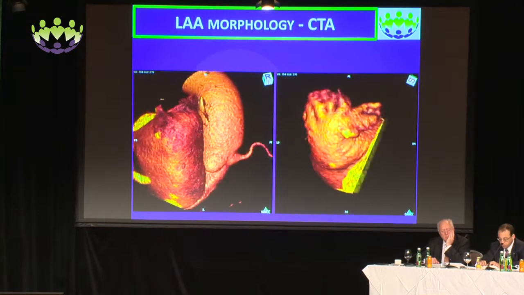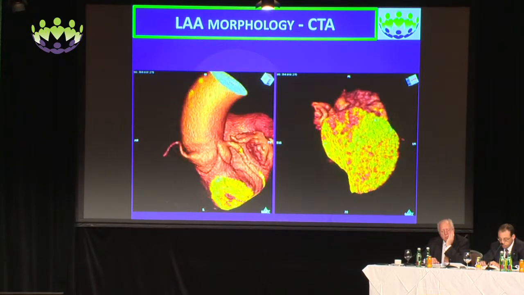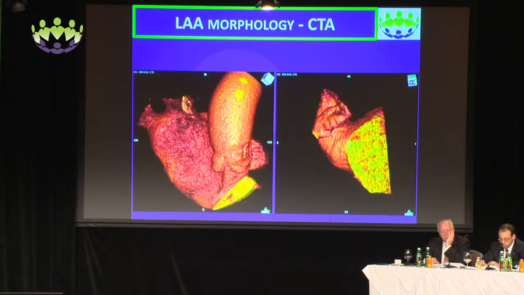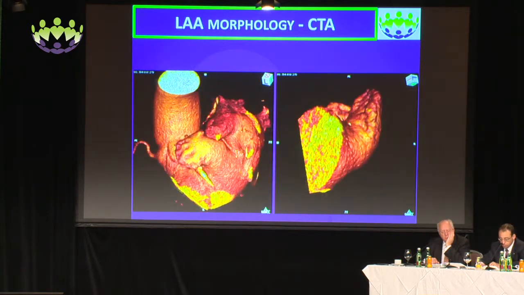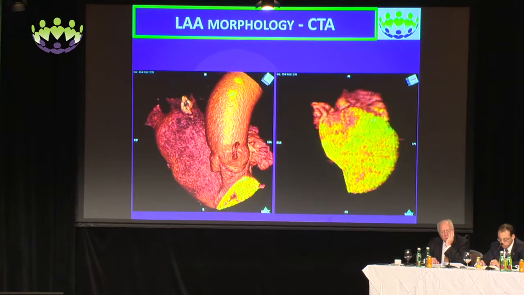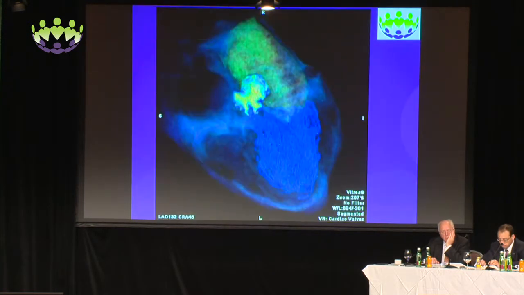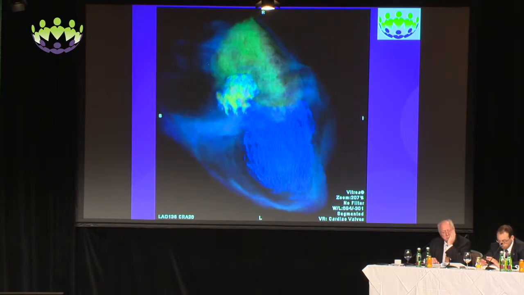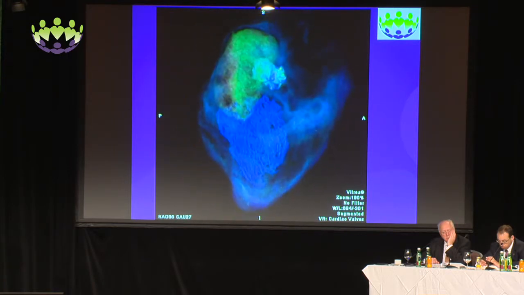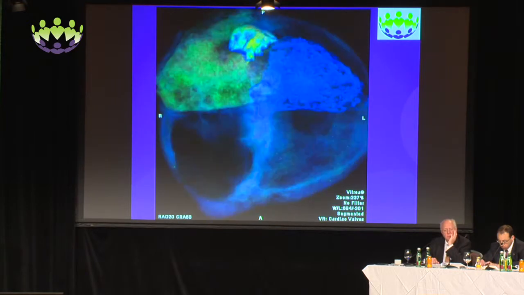And this is a volume rendering 3D reconstruction of the appendage. We see a good anatomy of the appendage with the 2 lobes and good neck. This is another type of 3D reconstruction using a parametric scale of color that allows to separate different structures in order to visualize better the anatomy of the appendage.